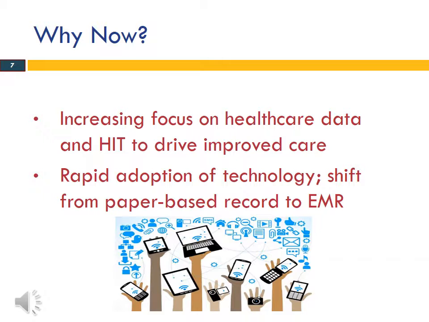So why now are we worried about information governance? Because there's an increasing focus on healthcare data and health information technology to drive improved care for patients. And just generally because we're experiencing a rapid adoption of technology of all sorts and a shift specifically from paper-based records to the electronic medical record.